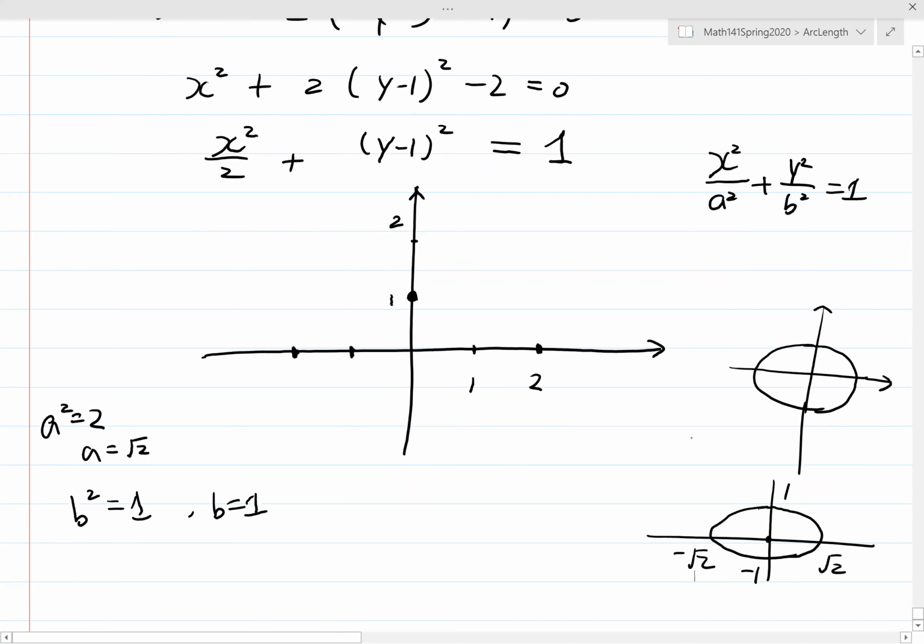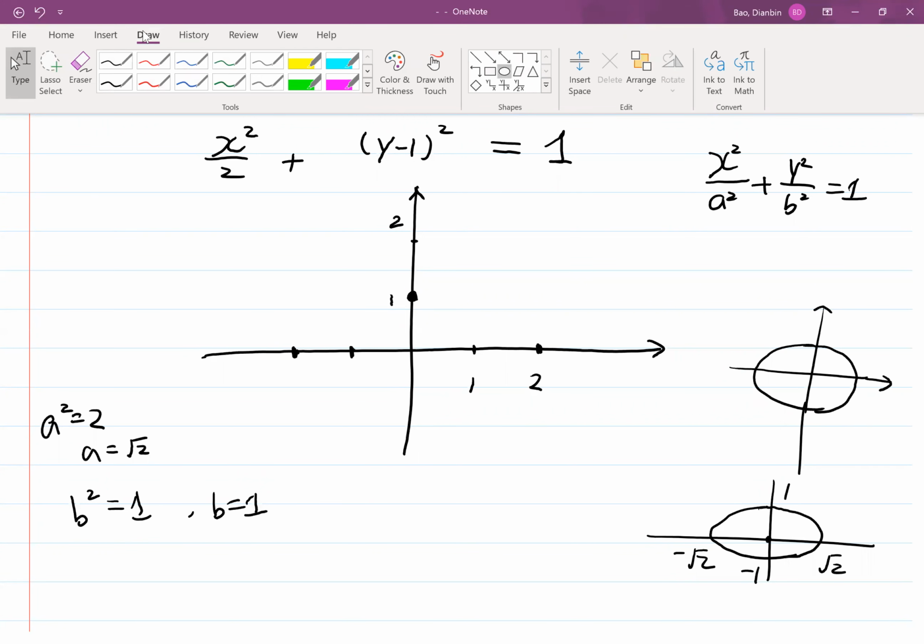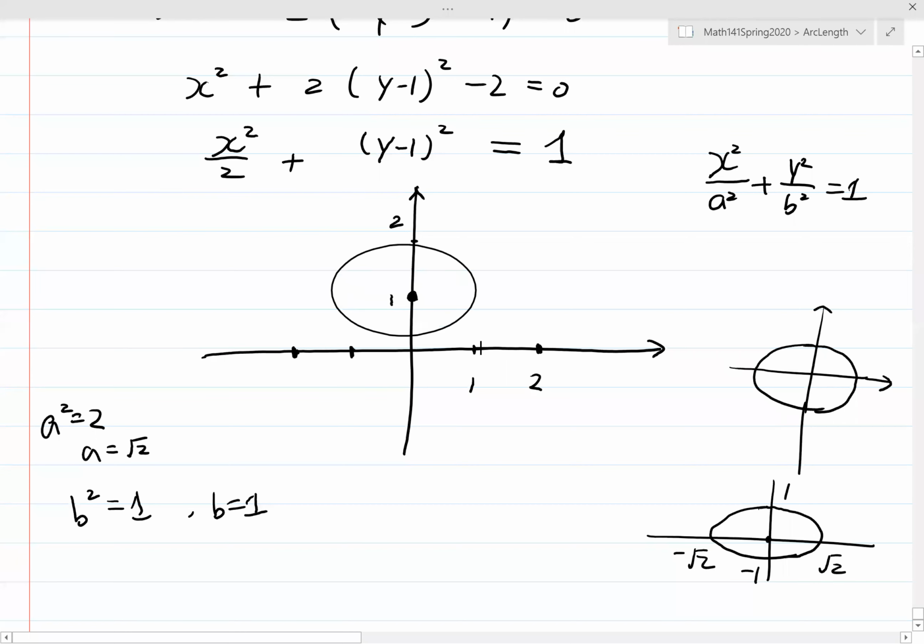Then it will look like this. Let me plot. Translate this upward, so it looks slightly bigger, because in theory we should use root 2, which is around 1.5.